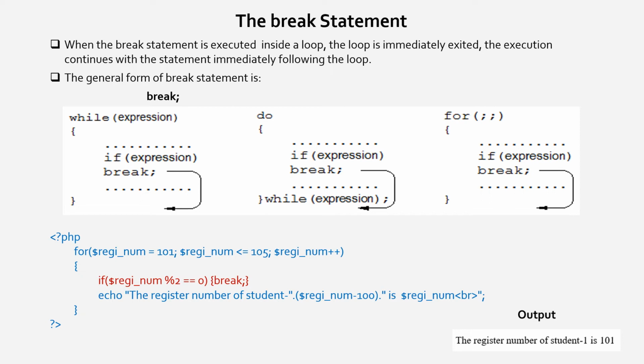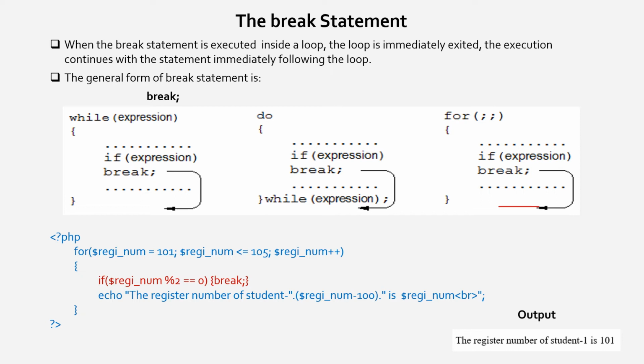This is the place where we include the break statement. This is in the case of a while loop, this is a do while loop, this is a for loop. The moment the condition is true, this break will be executed, then that will come out of the loop, and execution continues from the next.